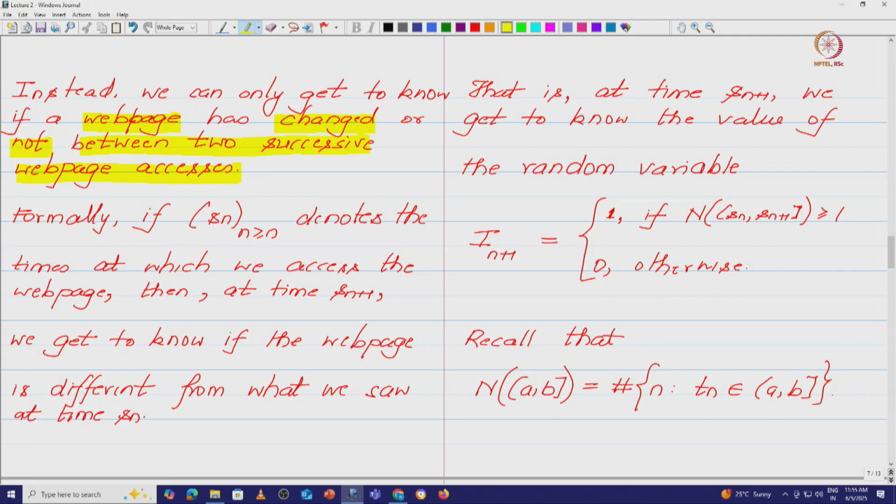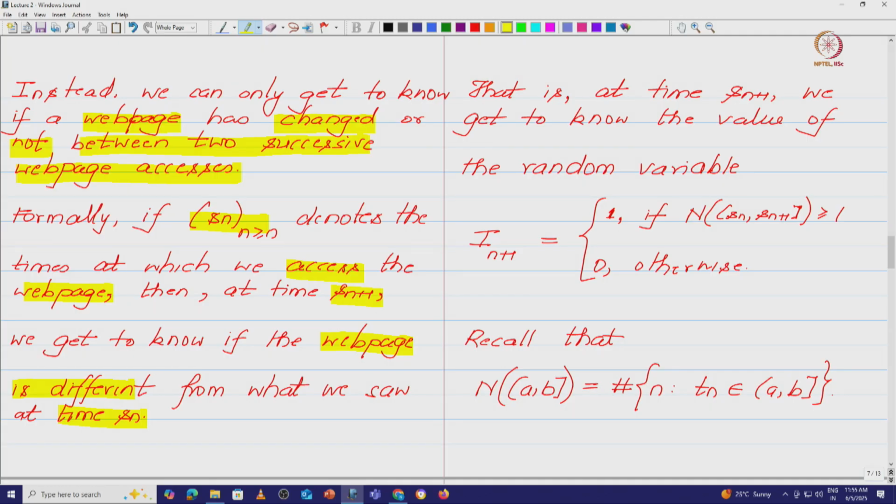So formally, if we denote Sn, n greater than or equal to 0, as the sequence of time instances at which we access the web page, then at time instance Sn plus 1 we will get to know if the web page is different from the copy that we had at time Sn.